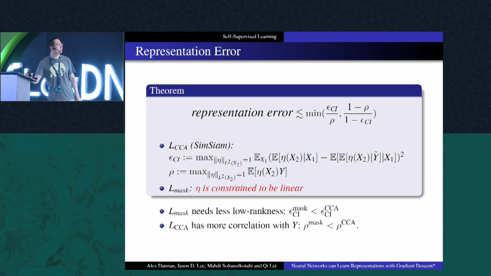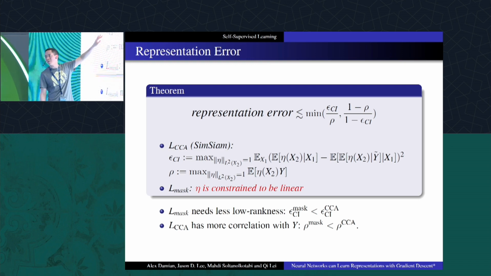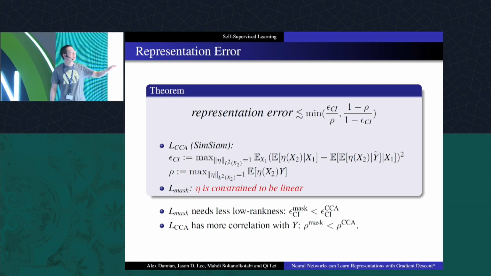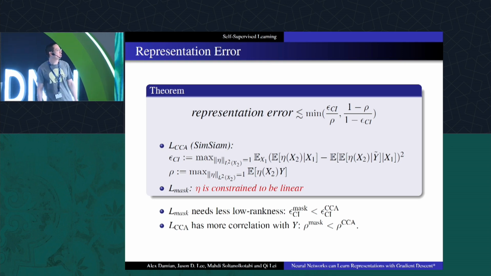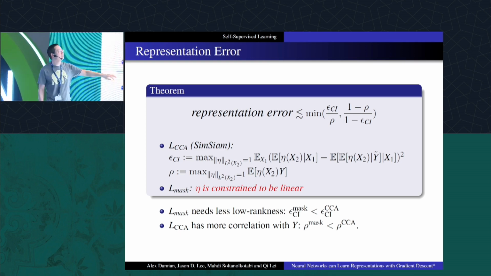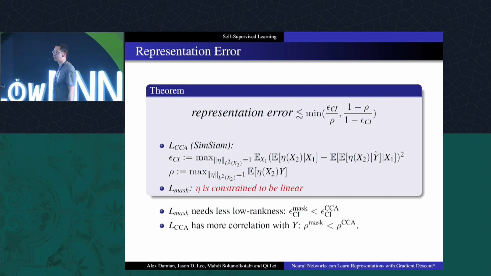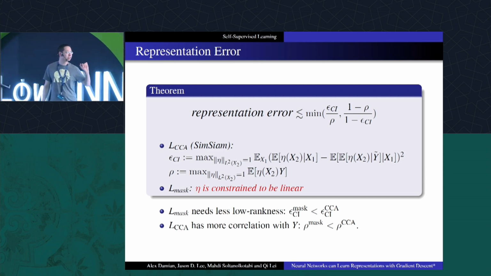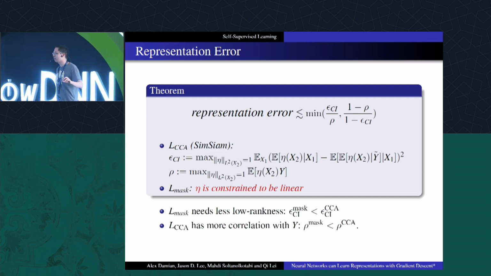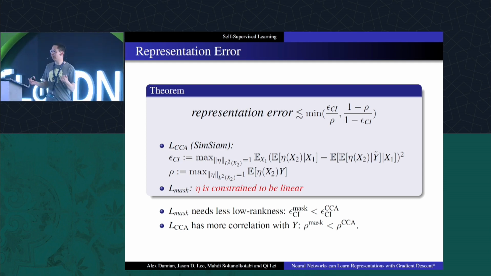The only thing different for the 2 algorithms is how you define these: the measure of conditional expectation and the definition of correlation. The only difference is that everywhere you see an eta, it's constrained to be linear in these masking methods. In masked autoencoders, you depend on the linear correlation of x2 and y, but in the contrastive methods, you depend on the nonlinear correlation.